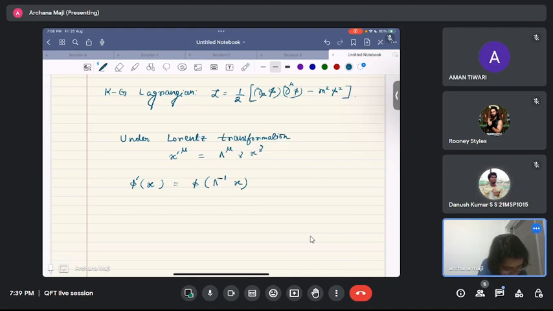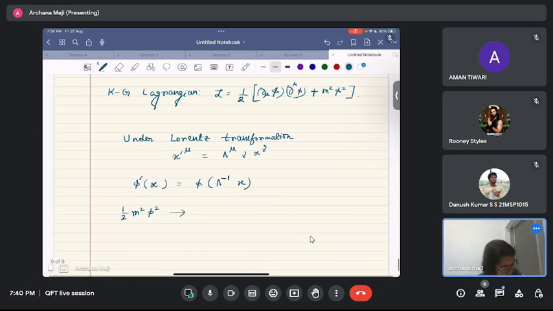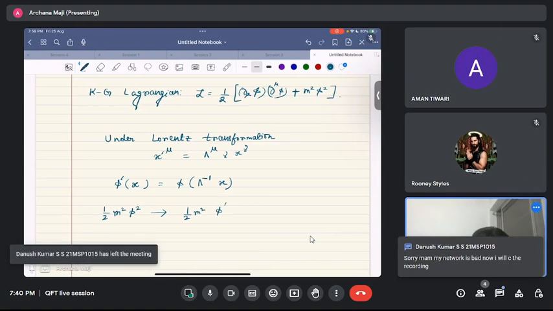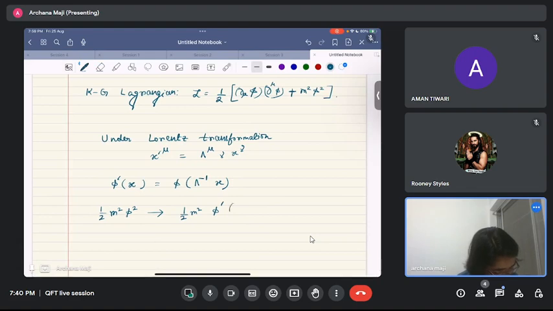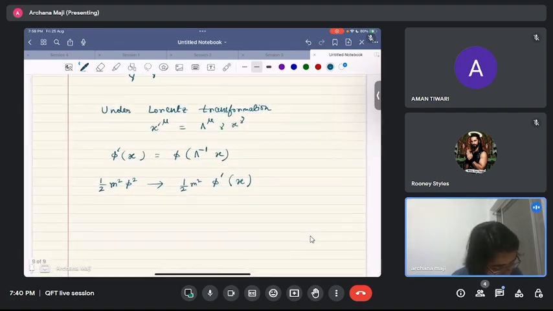The mass term is half, sorry, there is a plus, half m square phi prime of x whole square, which is equal to half of m square phi square labeled by lambda inverse x.